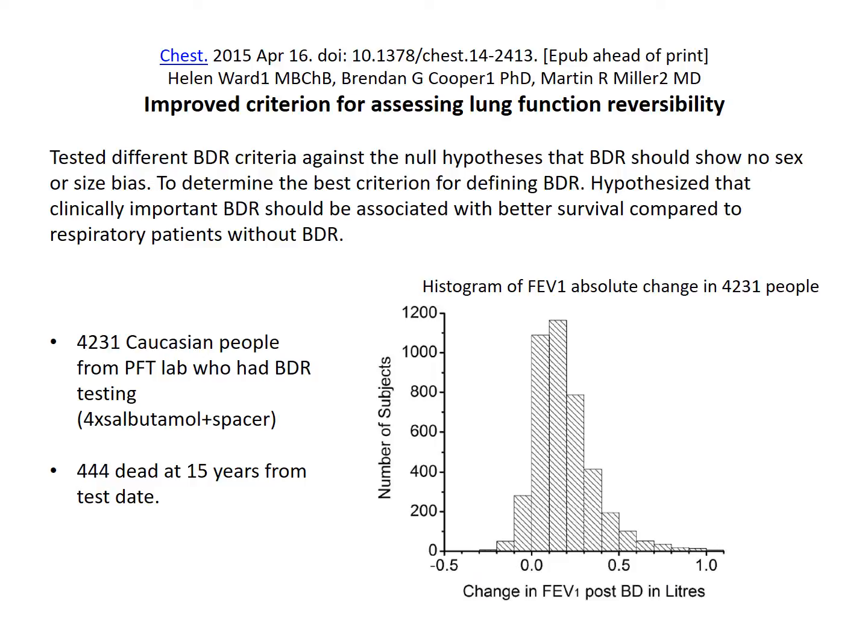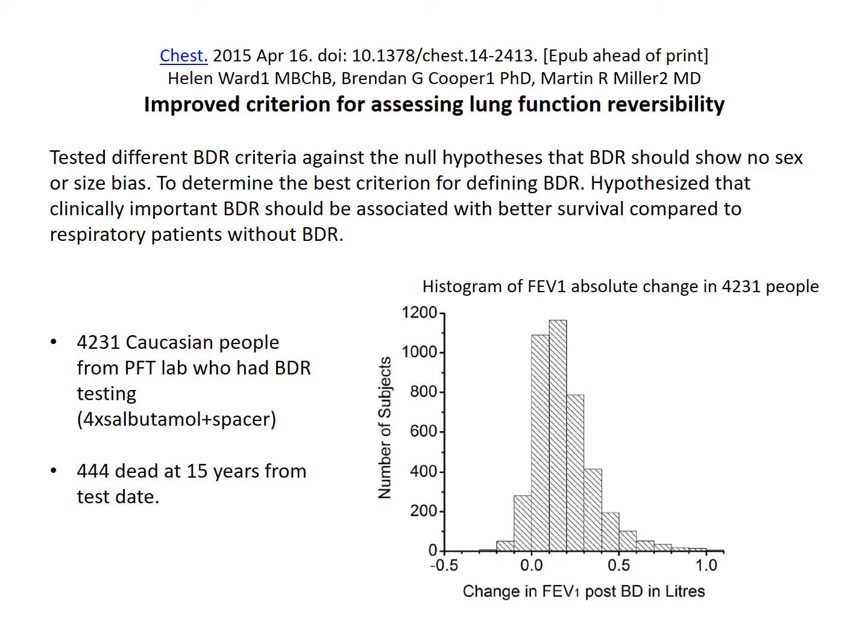So let's fast forward to more into the present. This is something from CHEST, which was unpublished when I gave this talk. This is a study by Miller, Cooper et al. So they tested the different bronchodilator response criteria against the null hypothesis that a bronchodilator response should show no sex or size bias.